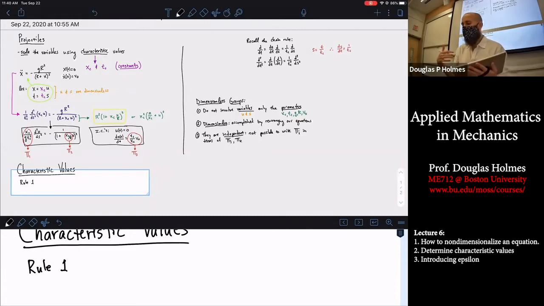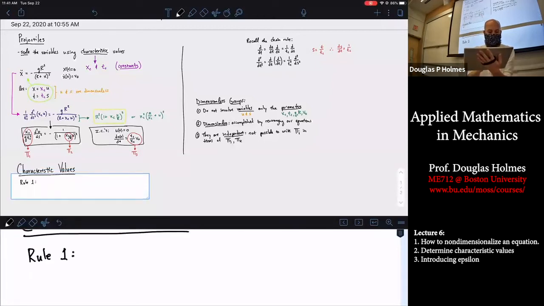So rule 1 says any of the dimensionless groups that appear in the initial or boundary conditions are so vital that we need to keep them in the problem. And the way we keep them in the problem, this is the confusing part, is by assigning the magnitude of that dimensionless group equal to 1. It's not small, it's not large, it's the order of the problem that we want.